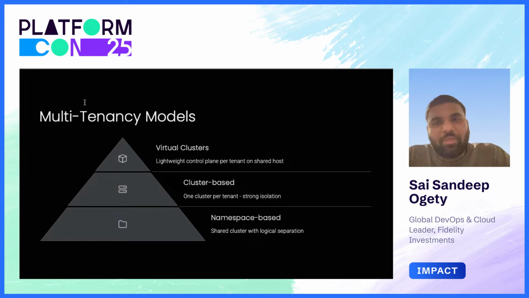So you get near-cluster isolation without the full overhead, I would say. The other model is the hybrid model. Often you mix namespace tenancy for dev or low-risk teams, and full clusters for high-security or production workloads, choosing what fits your risk profile and operational capacity.